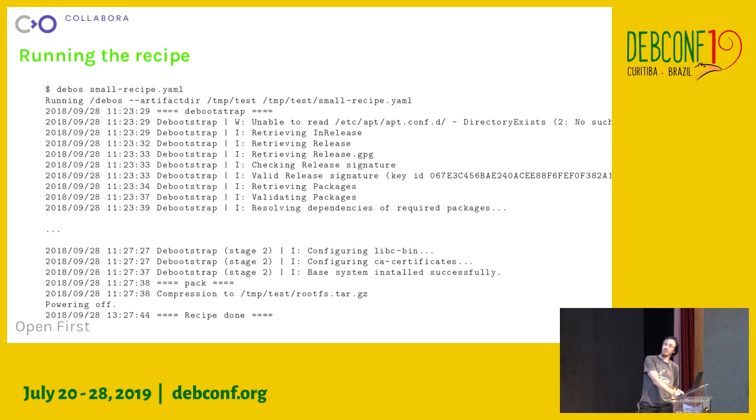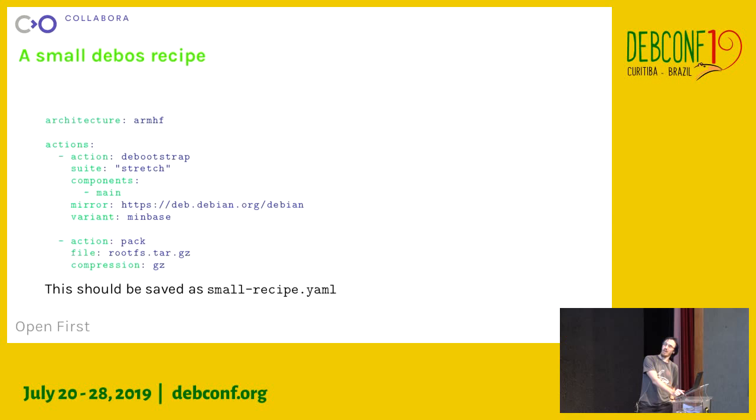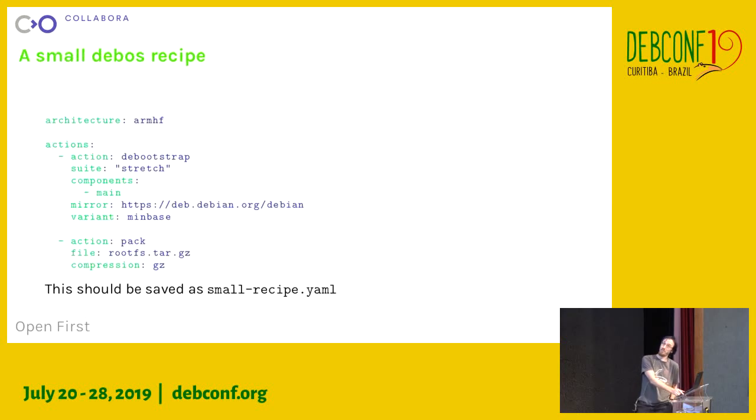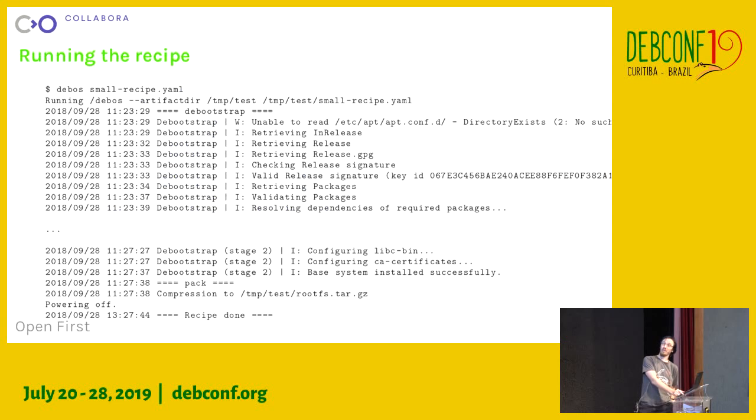So when you run Debos, as you can see, it runs debootstrap, in this case, and creates a root file system. If you go back, you see there are basically only two actions, debootstrap and pack. So we create a rootfs tarball, and that's what's happening. Everything after running Debos is happening inside of the virtual machine which fake machine creates.